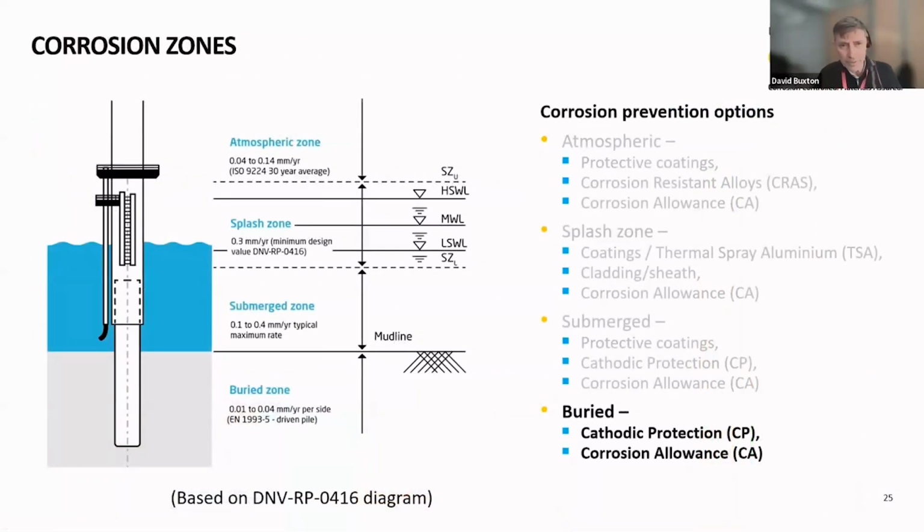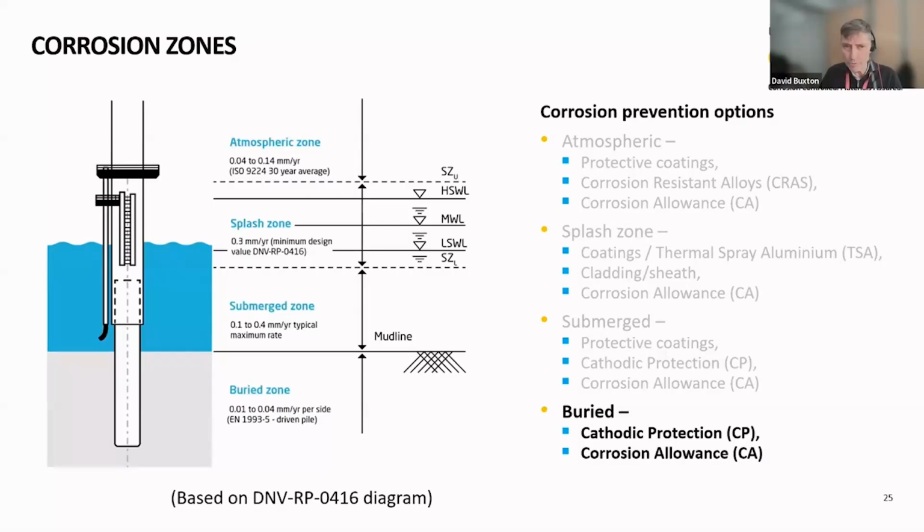Thank you. So that's looking at the buried section. The corrosion rates are lower in the buried zone, down to maybe 0.01 to 0.04, and this is due to the stifling of the corrosion with time, and lack of oxygen present in that environment.